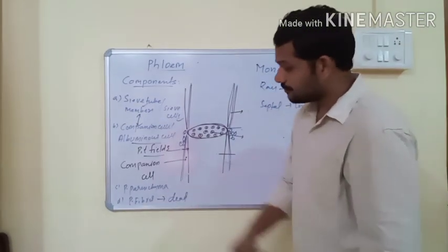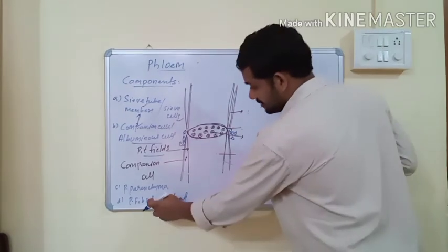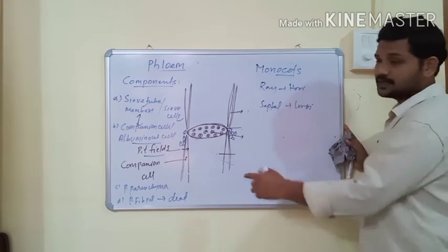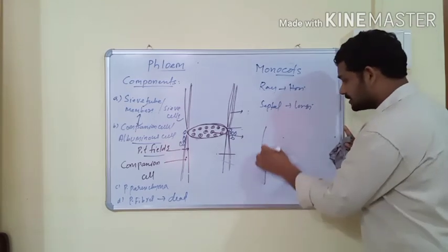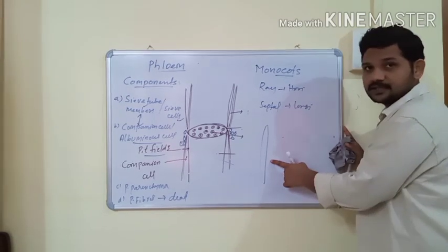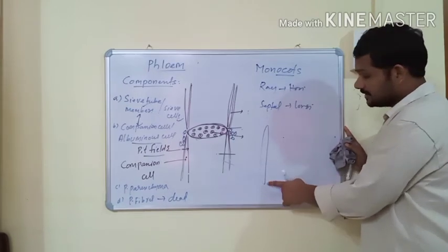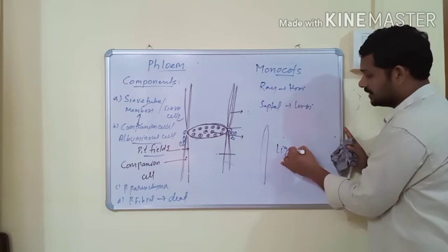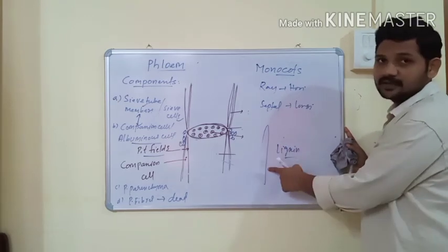Next one is phloem fiber. Fiber present in phloem is known as phloem fiber. Phloem fiber consists of elongated, narrow, dead cells with tapering end walls, and the cell wall is made up of lignin, so they have lignified cell walls.